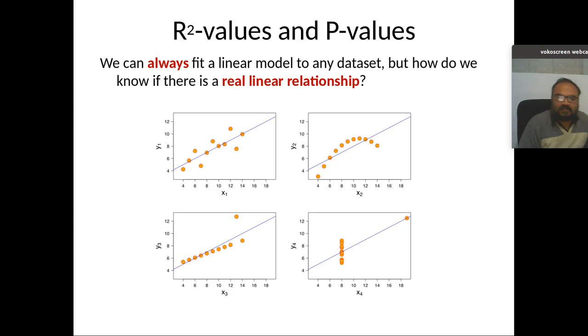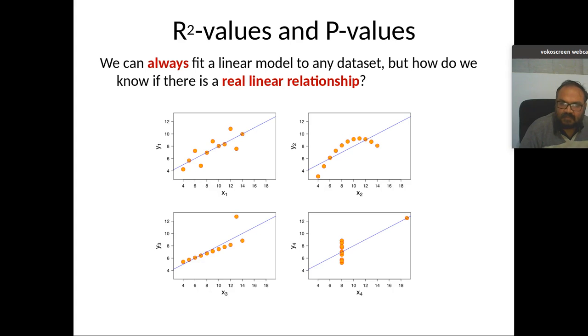Okay, R square values and P values. We can always fit a linear model to any data set, but how do we know if there is a linear relationship? If there is a real linear relationship, then we can improve the model quality by using stochastic gradient and many passes, but in most cases we won't have any real linear relationship.